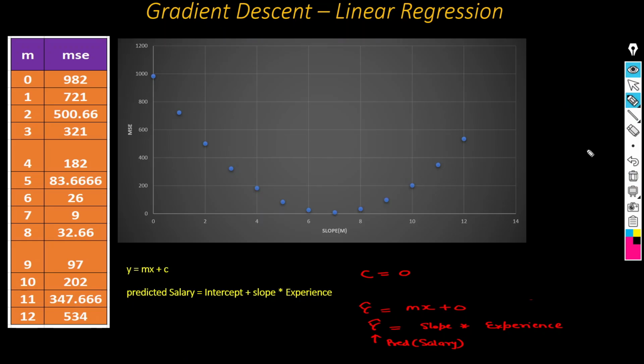If you see here, what I did, this is your mean squared error, and this is your slope, or we can say m. So as the slope increases, if you see, m is equal to 0, I am getting 982, and m is equal to 1, this is your 721. Then m is equal to 2, I am getting this.